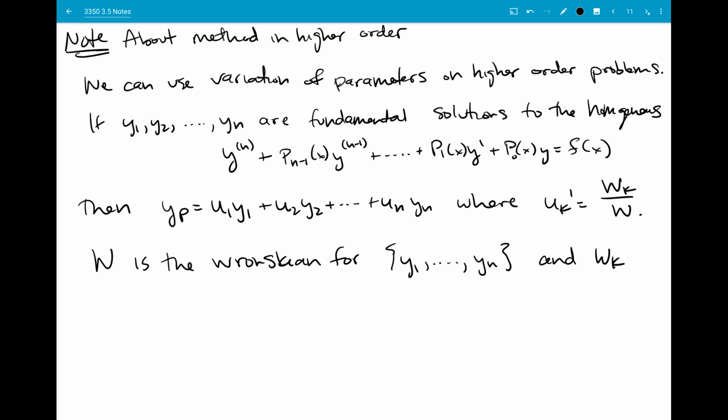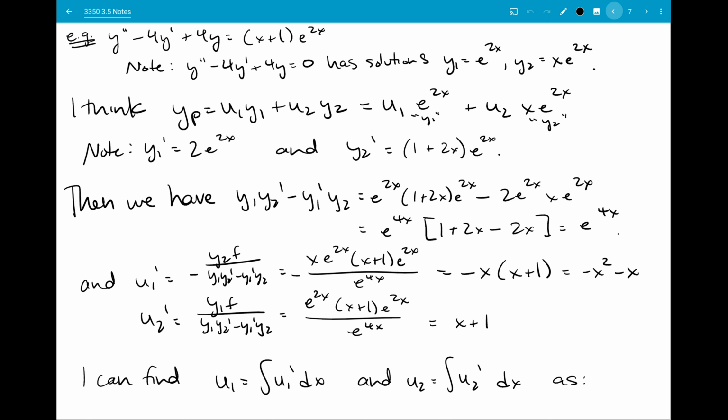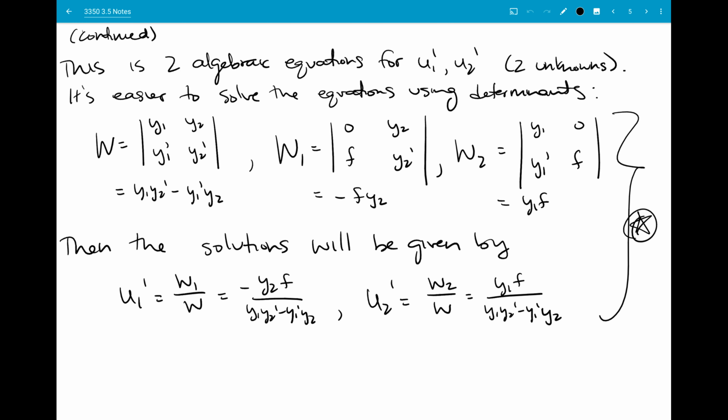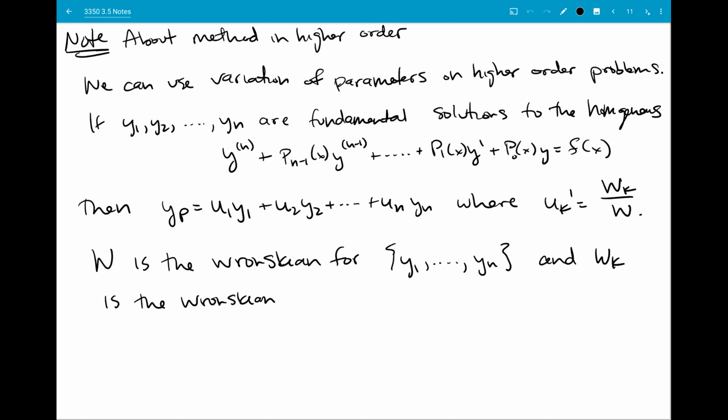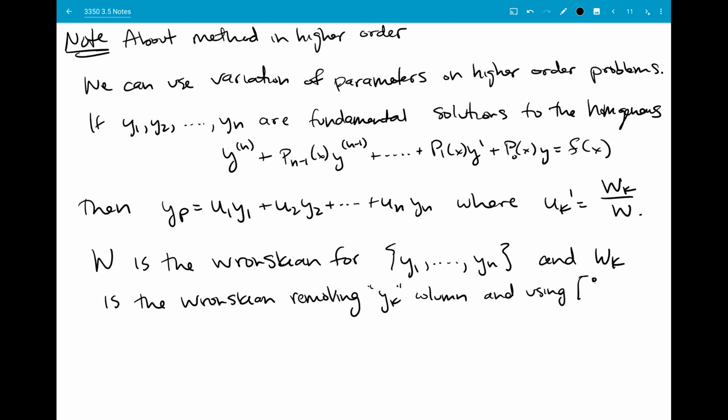And wk is the Wronskian, kind of following the same pattern we had for w1 and w2 here. w1 takes out the y1 column and replaces it with f. So wk is removing the yk column and using 0 through f instead.